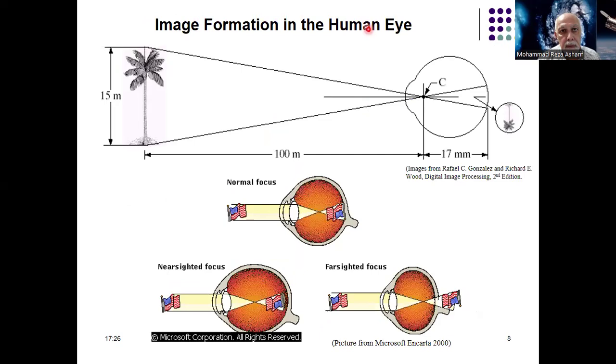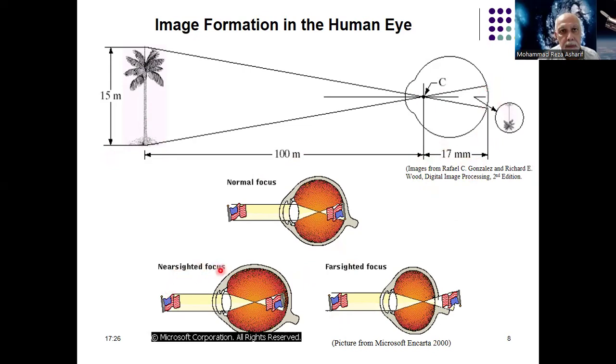Also, as you know, the lens inverts the image that you see, and the image on the retina is reversed, but the brain automatically adjusts it. For instance, the distance is 100 meters, the eye is only 17 millimeters, and this is the image.